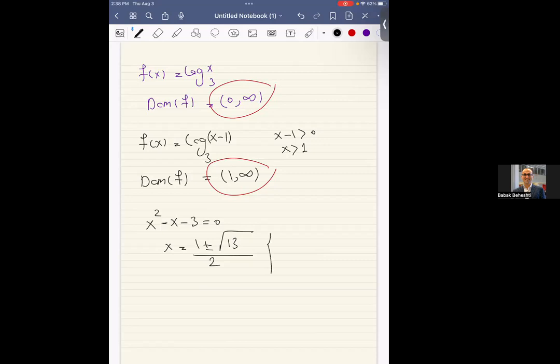So the second one, 1 minus square root of 13 over 2, is not acceptable because this is less than 1. It is not in the domain. So you have to be careful when you solve a logarithmic equation.